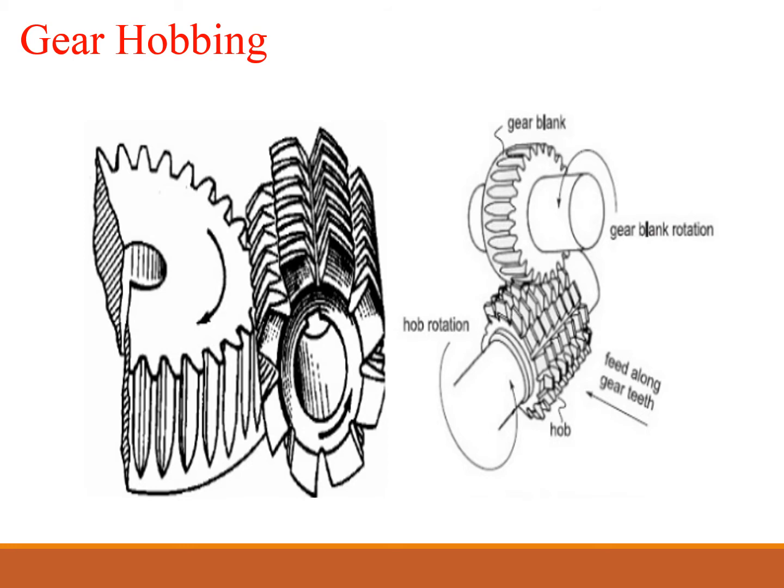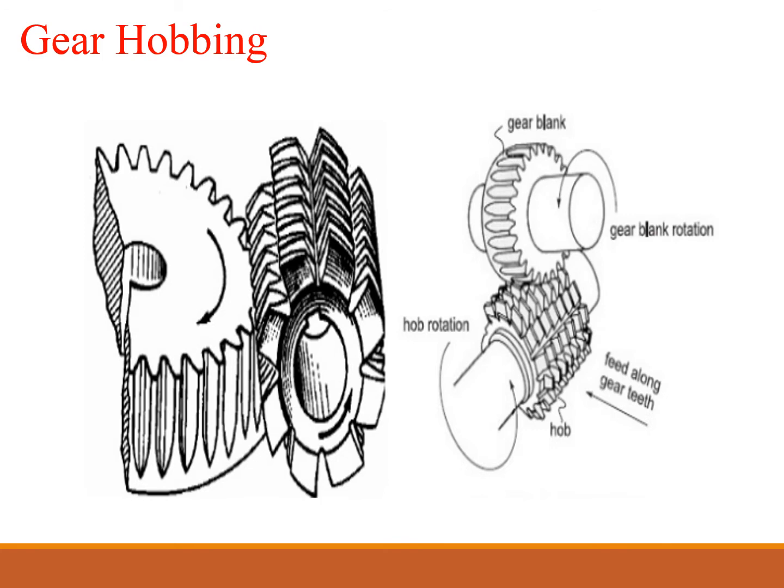The teeth of the hob cut into the workpiece in successive order, each in a slightly different position. Each hob tooth cuts its own profile depending on the shape of the cutter. One rotation of the work completes the cutting up to a certain depth.